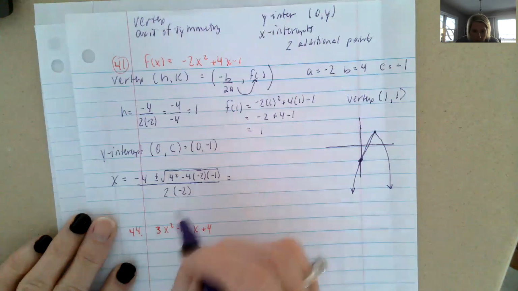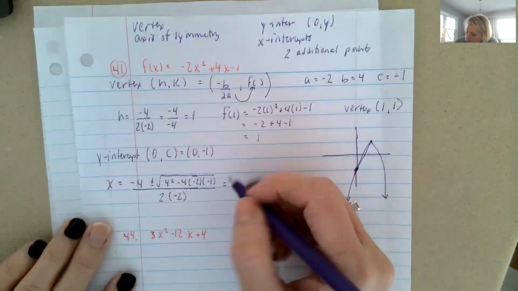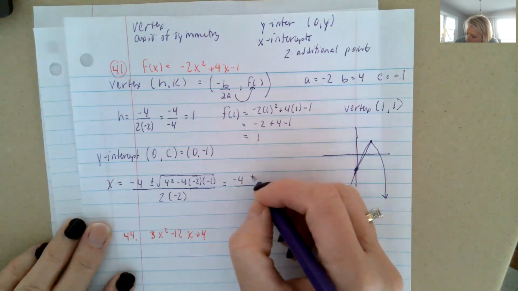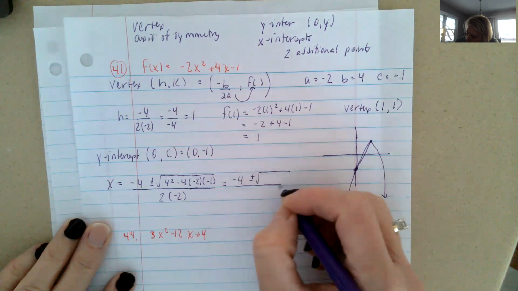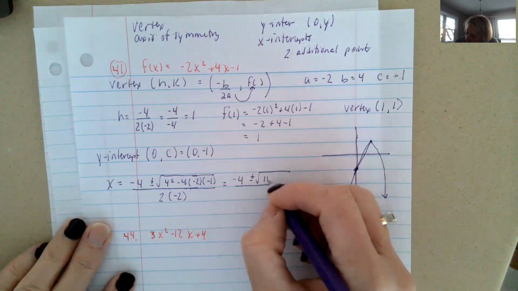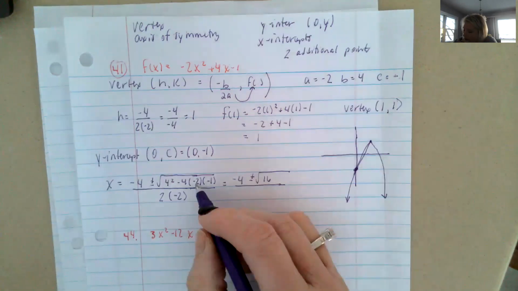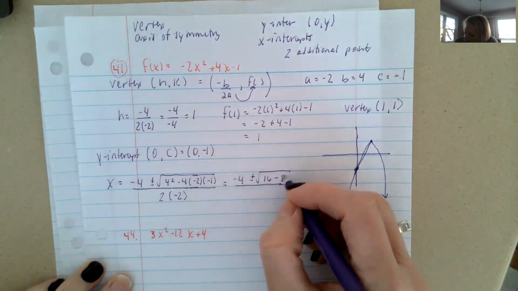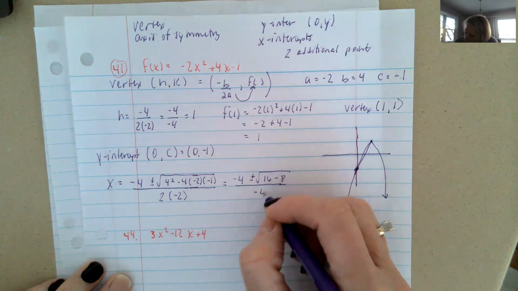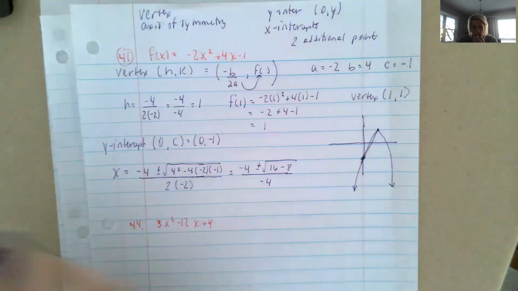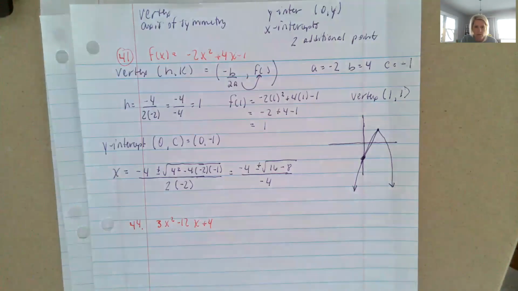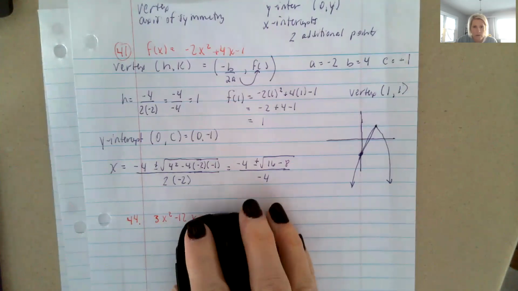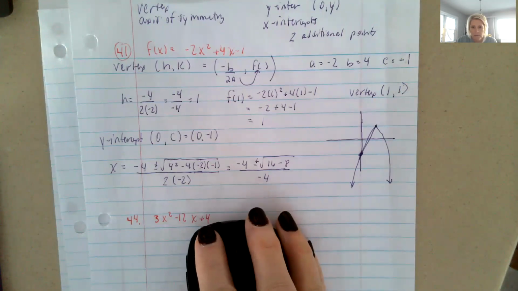And we have to do this with the plus or minus. So this would be negative 4 plus or minus the square root of 16, and we have a negative, a negative, a negative, so that becomes negative 4 times 2 times 1, which is 8, over negative 4. So we're going to get the gist of it on Desmos. So let's just go there so that we can let Desmos do the rest of the work for us.